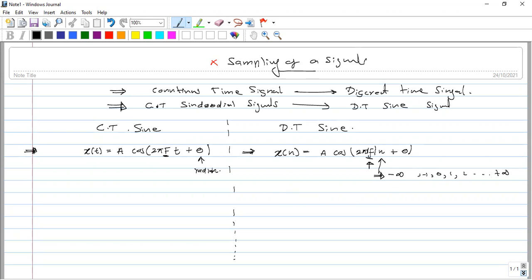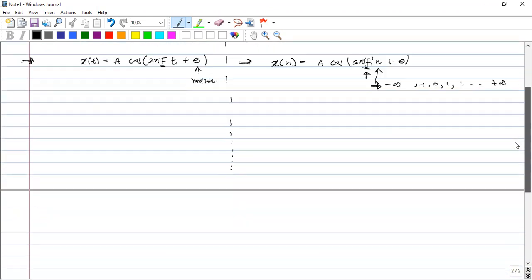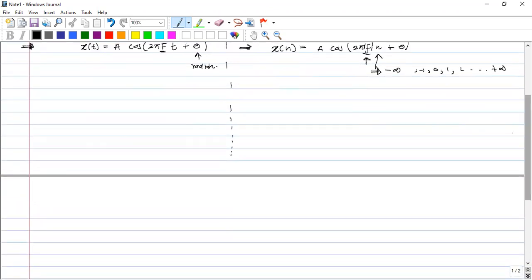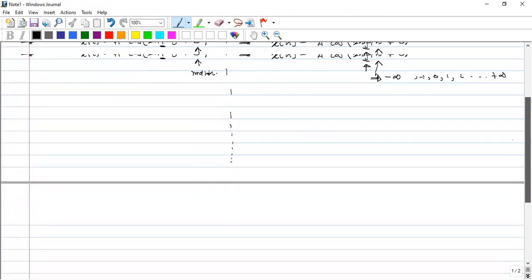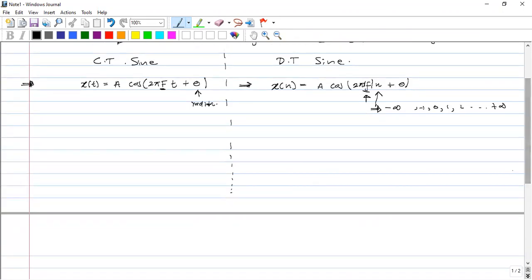If I draw the continuous time signal, you already know that. Actually, all these continuous time sinusoidal signal properties we have learned, but we didn't learn about the discrete time sinusoidal signal.